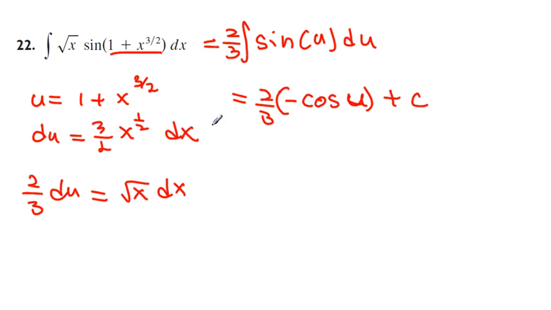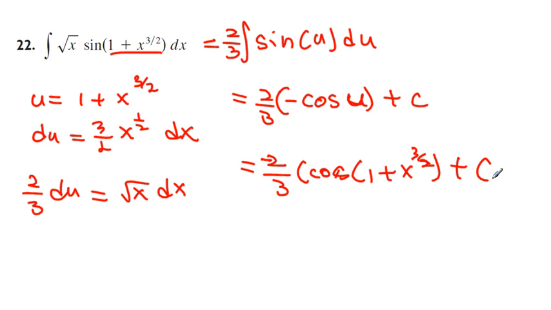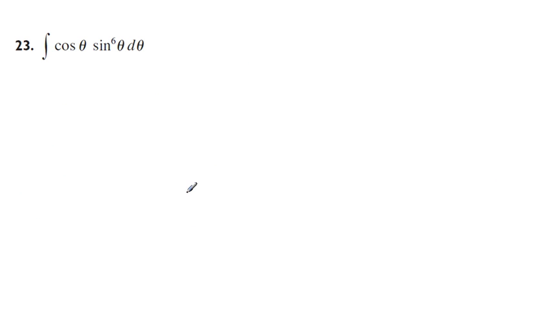Now, u, in fact, is this expression, so we end up getting negative 2/3 cosine of 1 plus x to the 3 over 2 power plus c. That's our final answer. All right, let us move on to a couple more questions here.